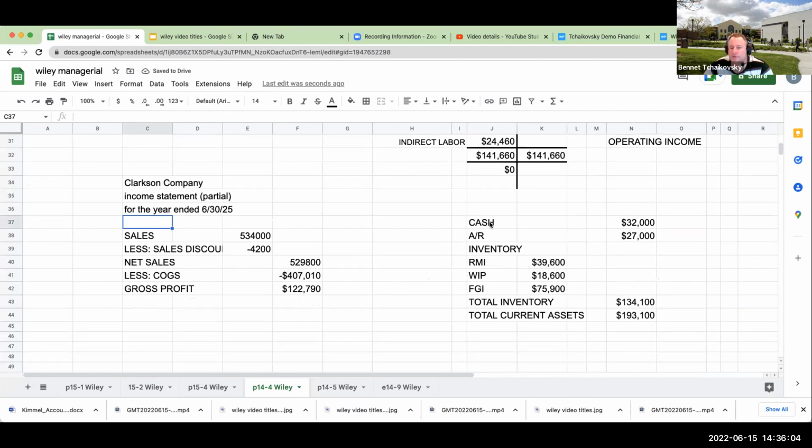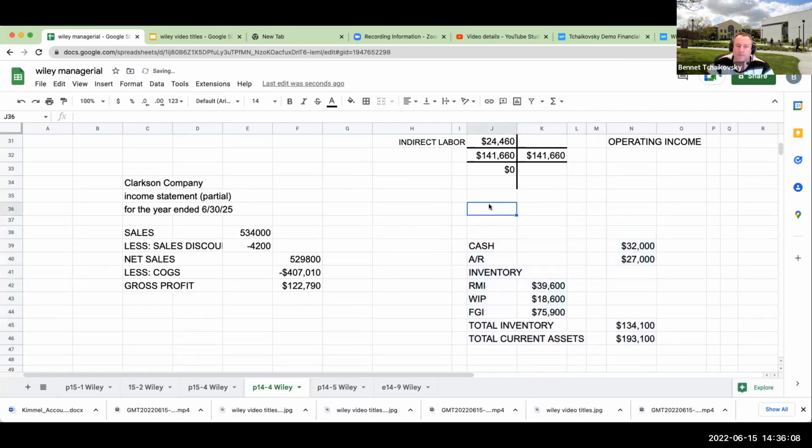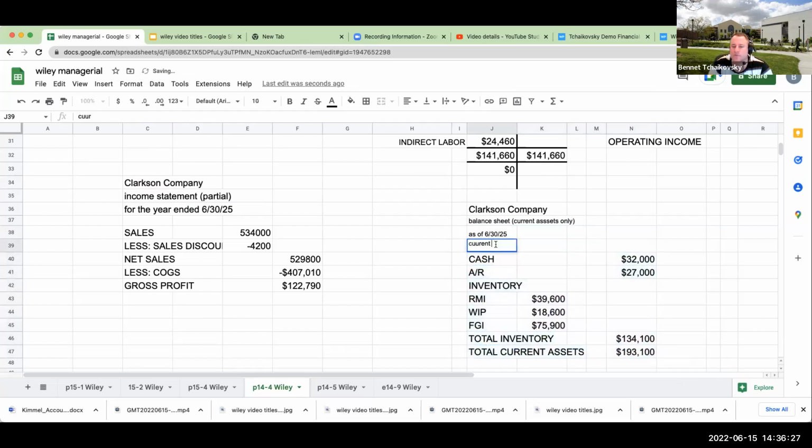And then for this one over here, we would have Clarkson Company balance sheet, current assets only, as of 6/30/25. And then you would just show current assets.